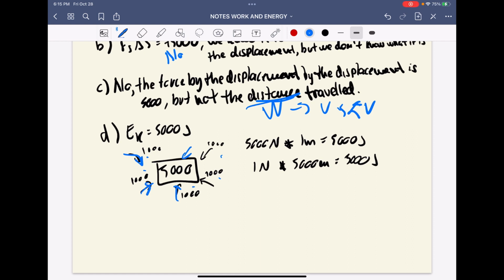So it could be 5 meters and 1,000 newtons. So here we see some examples, like right here we have 5,000 newtons times a meter, and we get 5,000 joules. And here we have the opposite. We have 1 newton, but in displacement of 5,000, and that is equal to 5,000 joules. So it can be different examples.